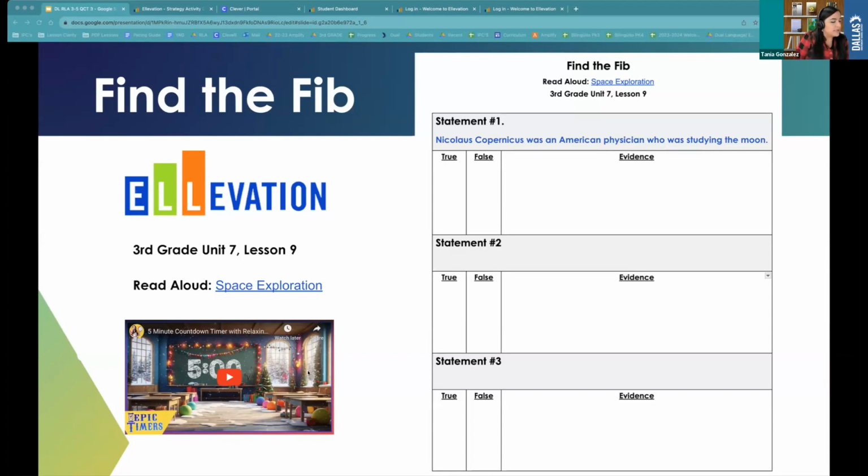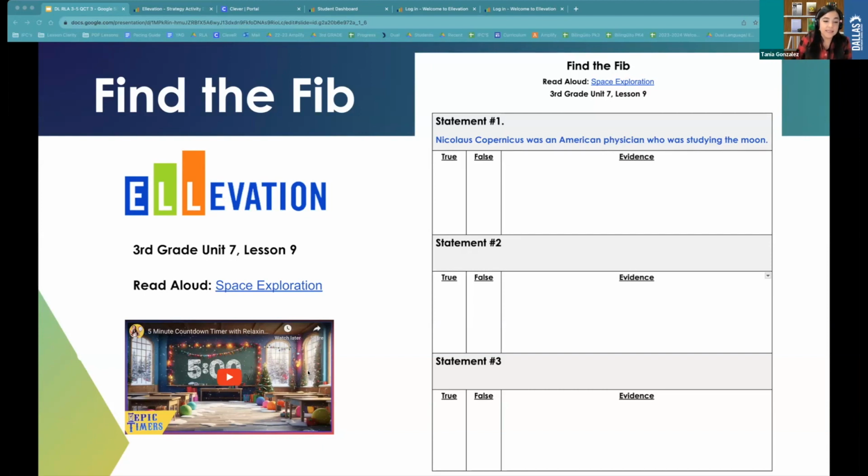If you're planning to do this activity with a read aloud, you can give the text to students. I mean, you're not going to do it every time, but maybe for this activity, so that they can follow your reading, and they can have these statements and be able to prove it and write the evidence, right?